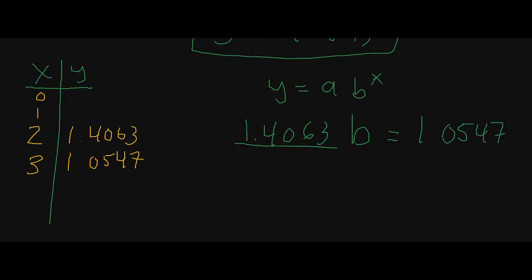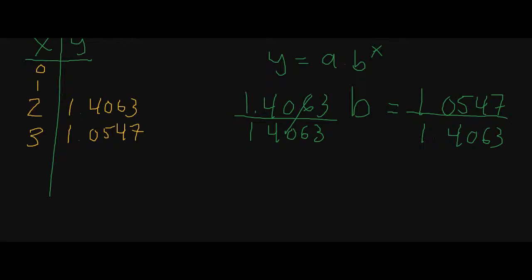Well, all I do is divide both sides by 1.4063. And we're going to get b is equal to 0.75.